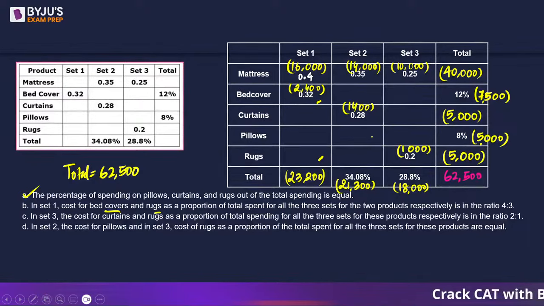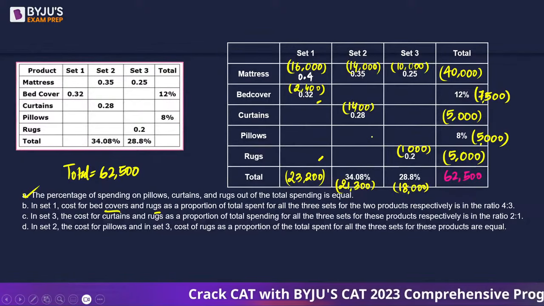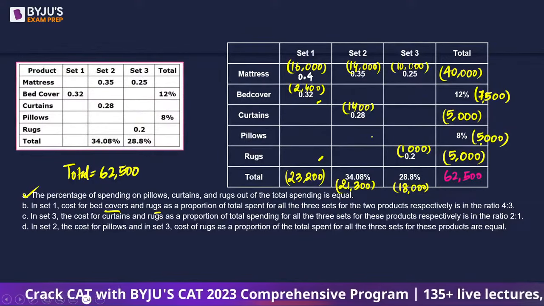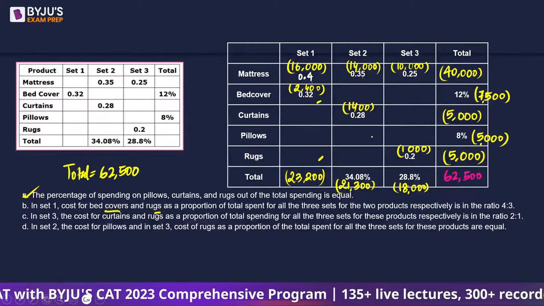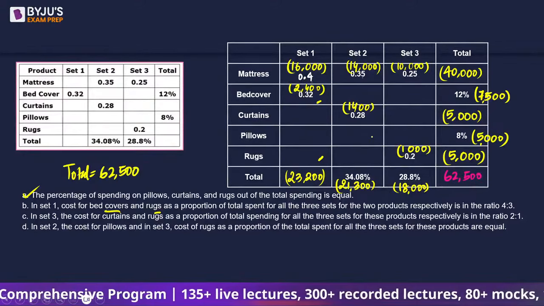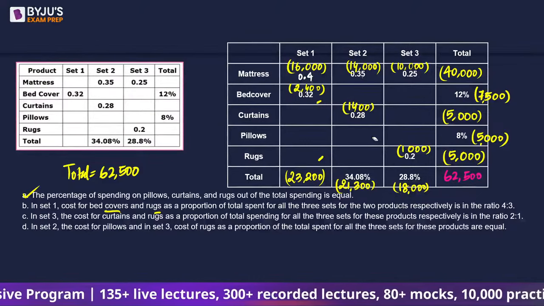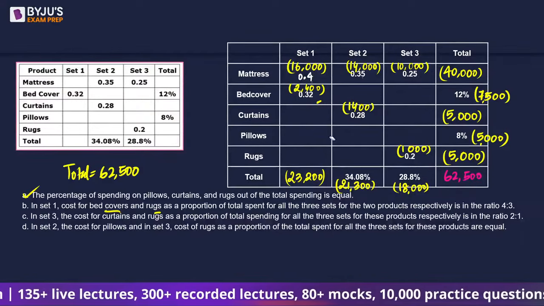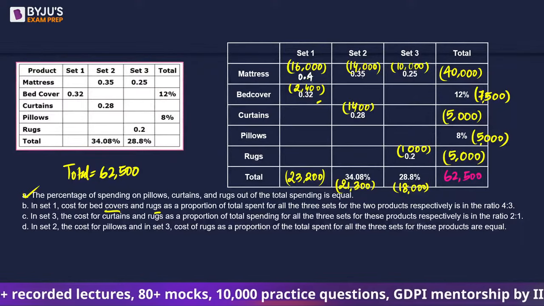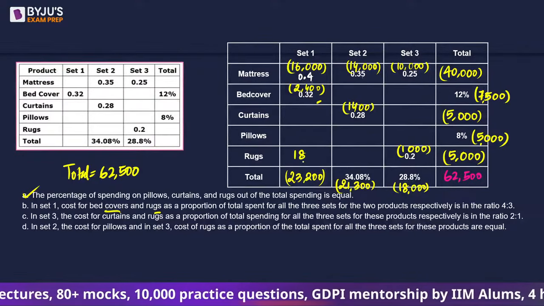Okay, set 1, as in we are looking at the first column, cost for bed covers and rugs. These two cells, as a fraction of total spent on all the three sets, are in the ratio 4:3. So if that is 2400, the remaining part is going to be 4:3, so this is going to be 1800.